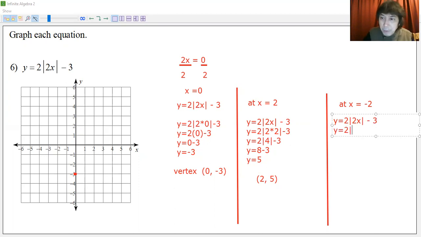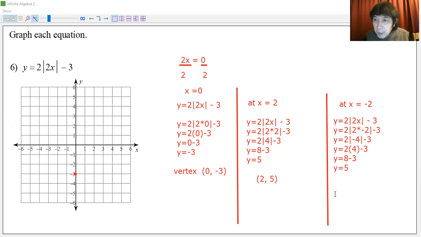This will be 2 times the absolute value of 2 times negative 2 minus 3, which is 2 times the absolute value of negative 4 minus 3. So y is equal to 2 times 4 minus 3, or 8 minus 3, which results to a positive 5. And so our third point is negative 2, 5.